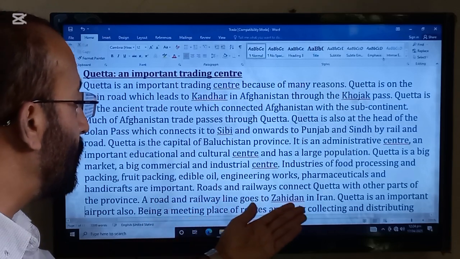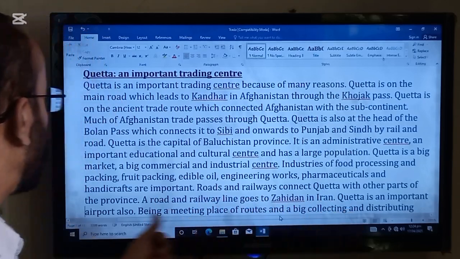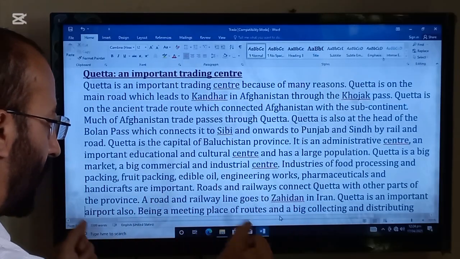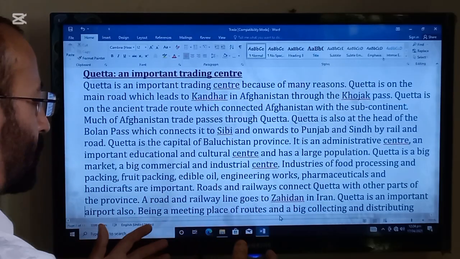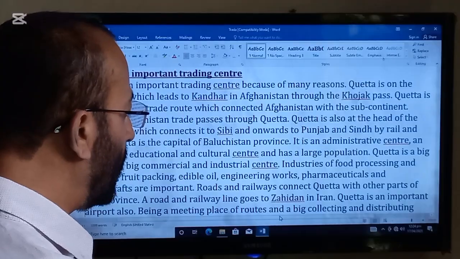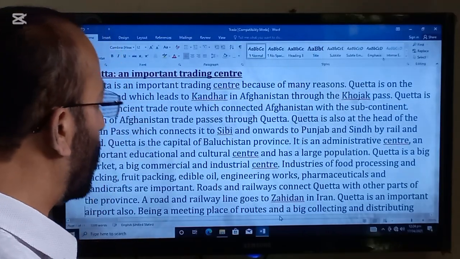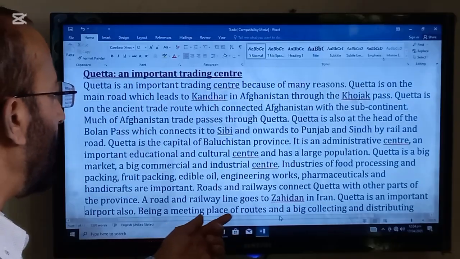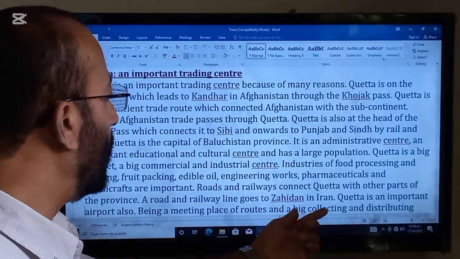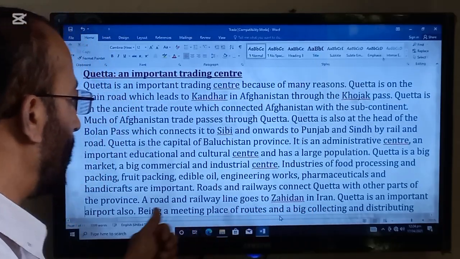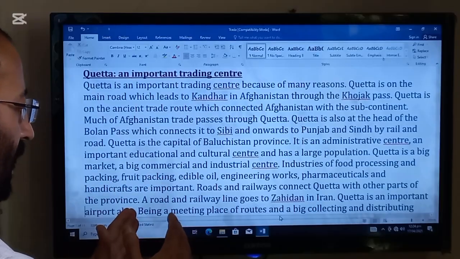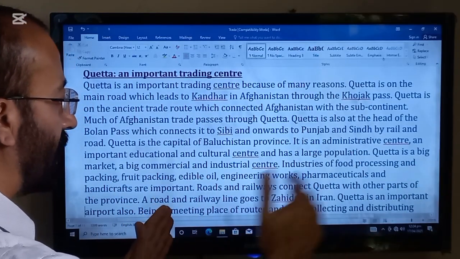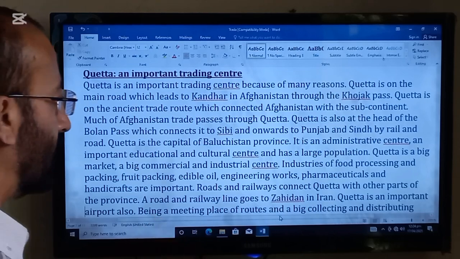Roads and railways connect Quetta with the other parts of the province. Quetta has good infrastructure, not only within Quetta but with the other cities of Pakistan as well. A road and railway line goes to Zahedan in Iran. So this is the point. That's why Quetta is a very important trade route as far as trade with other countries is concerned.